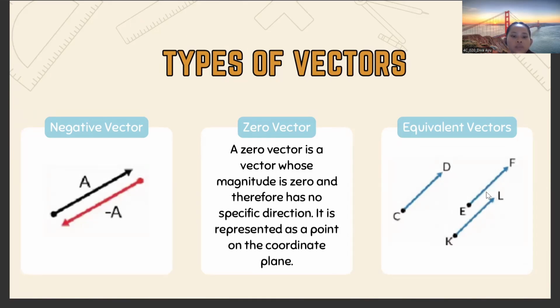A zero factor has a magnitude of zero, so it has no specific direction. It is represented by a single point on the coordinate plane. The third type is equivalent factor. Equivalent factors have the same magnitude and the same direction, even if they are located at different positions.